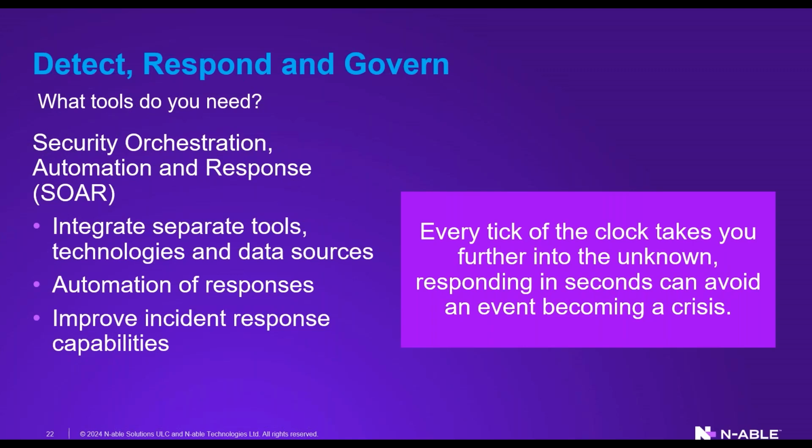If X happens, then Y needs to happen in response. A good SOAR platform is going to integrate separate tools, technologies, and data sources so that whenever it sees something happening somewhere in the estate, it can take an action in the appropriate location. And of course, it improves your incident response capabilities.